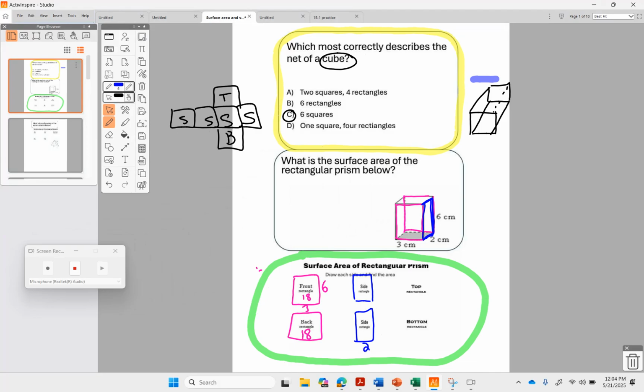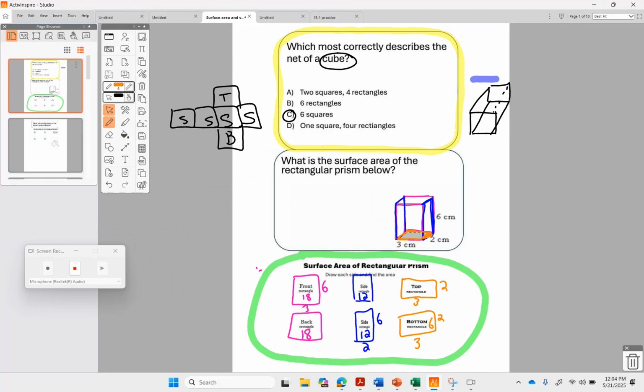So that's an area of 12 centimeters. And there's 2 of them, because there's one on the right side and one on the left side. Okay, so now they want the top and the bottom. The bottom is actually shaded in for you. The dimensions on the bottom are 3 by 2, which means the top is going to be the same. It's 3 by 2.